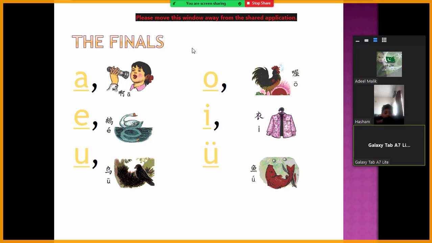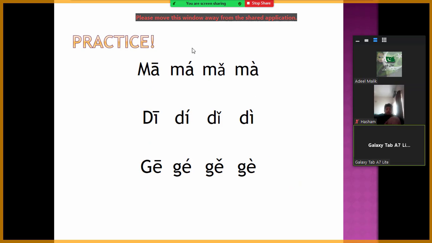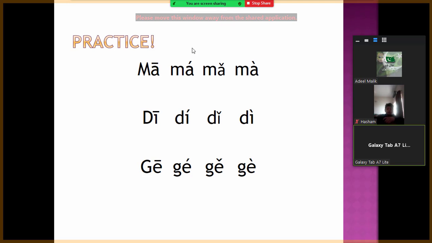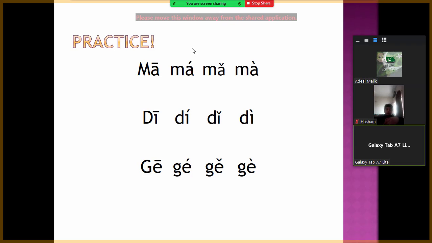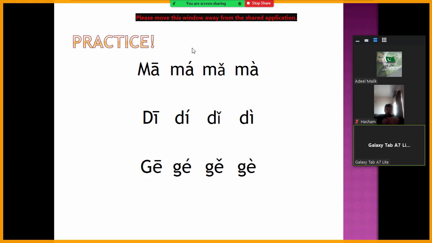Now here we can practice a little bit with the four tones. That is called ma, ma, ma, ma. Ti, ti, ti, ti. K, k, k, k. So can you read it, Hamza? First line. Ma, ma, ma, ma.